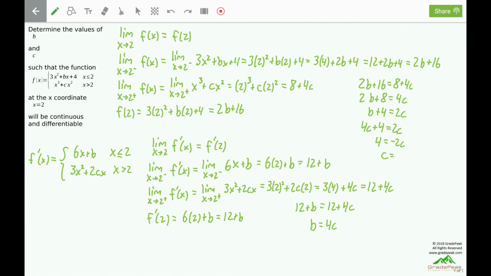Divide both sides by negative 2, and c comes out to negative 2. Now that we have the c, we can go back down here, because b is just 4 times whatever the c comes out to. And 4 times negative 2 will give us negative 8.